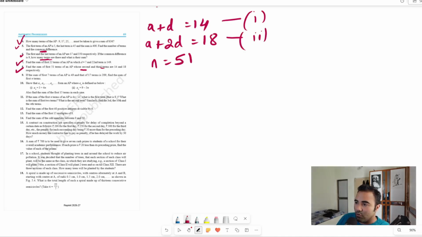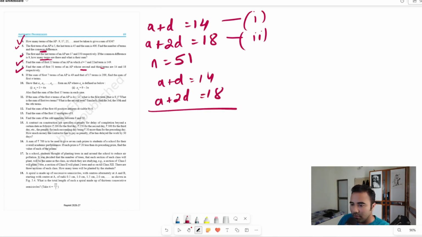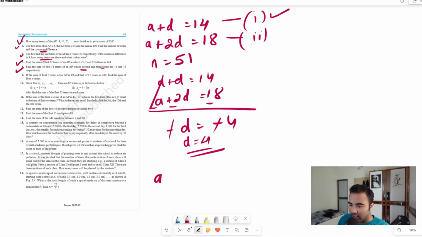We'll do it by the method of elimination: a plus d is 14, a plus 2d is 18. You simply change the signs. Minus d is equal to minus 4, so d is equal to 4. Now put d is equal to 4 in equation number 1. What do you get? a plus 4 is equal to 14, so a is equal to 10.